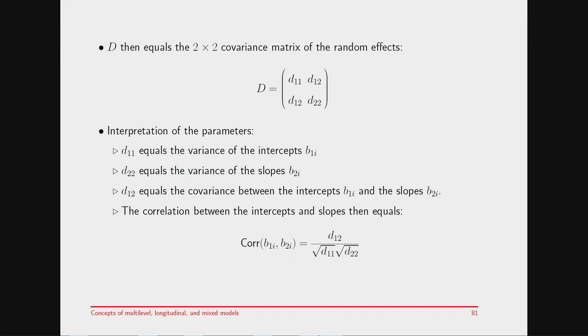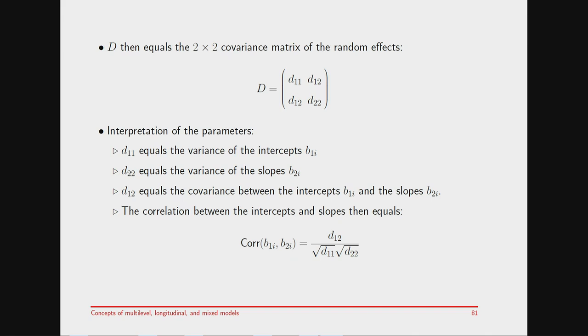And D12 is the covariance between the intercepts and the slopes. And sometimes D12 really is of interest. Let's think of a situation where you have patients with high blood pressure, you want to treat them, and of course you hope that the blood pressure gets smaller.